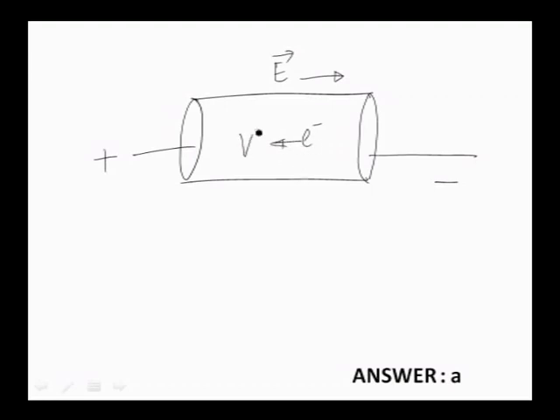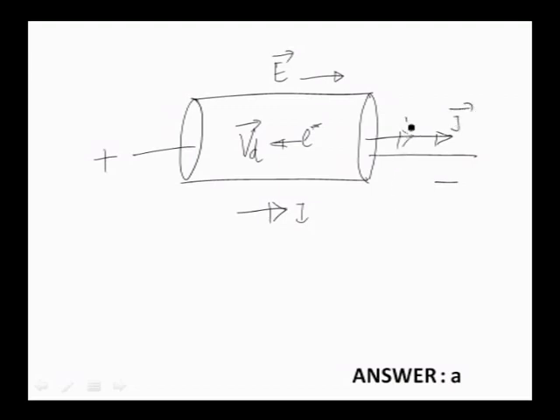The electron moves with the velocity Vd like this. The direction of the flow of conventional current is in this direction, and I told you electron means negative charge, it is moving in this direction. Definitely the positive charges move in this direction, therefore the current density is in this direction.